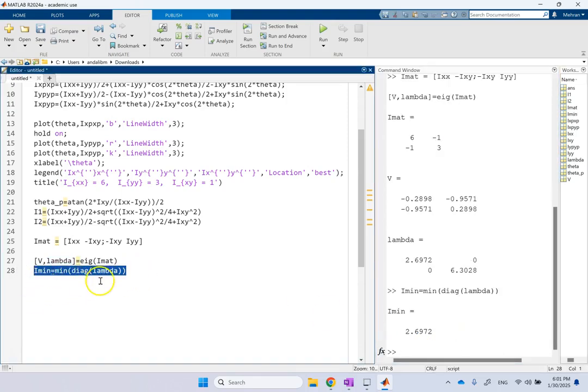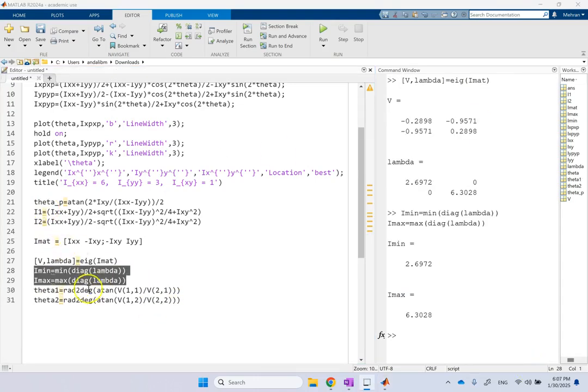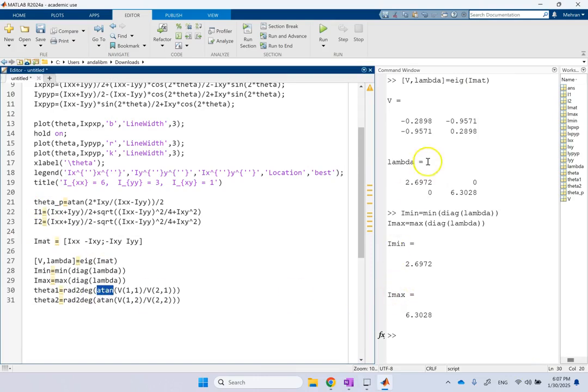You see here, that is your I min, and then I can do I max, which is the maximum of the diagonal elements. Now I min and I max should be the same as I1 and I2, as I said. And here I use the arctangent of the elements of the first column and the second column, and I get the angle of them, theta 1 and theta 2, convert them to degrees.